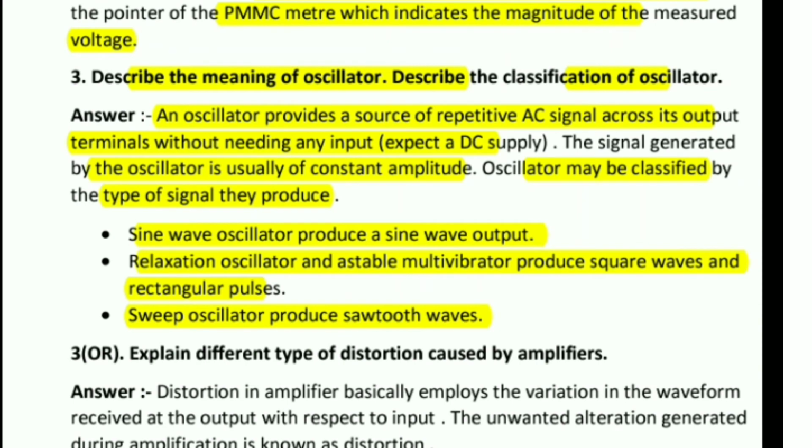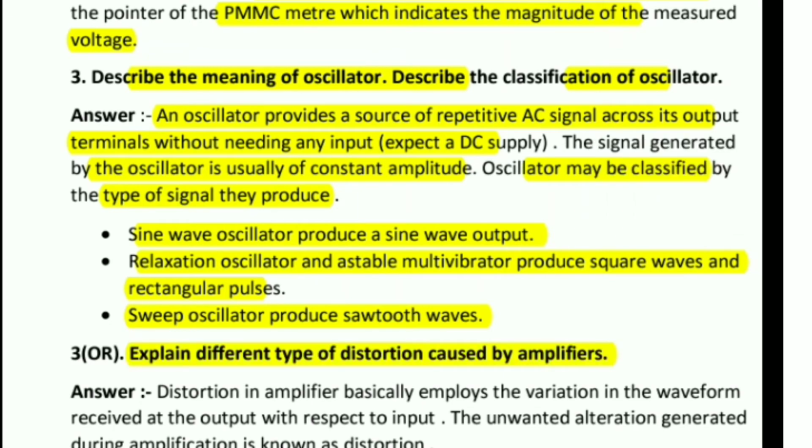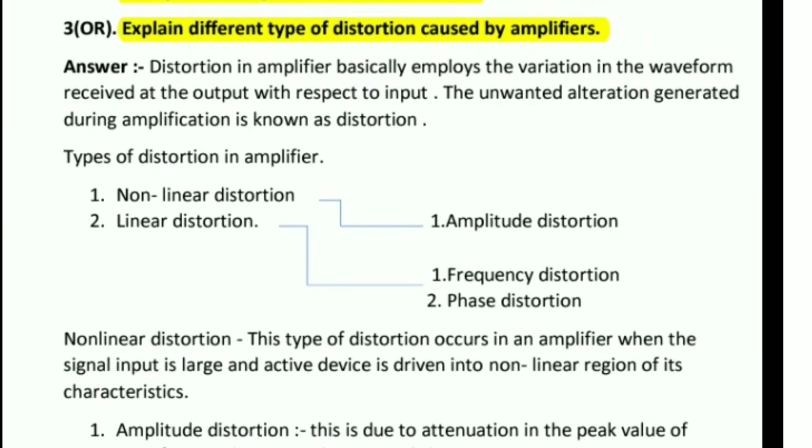Okay, the next question is, explain the different types of distortion caused by amplifiers. The answer is, distortion in an amplifier implies the variation in the waveform received at the output with respect to the input.